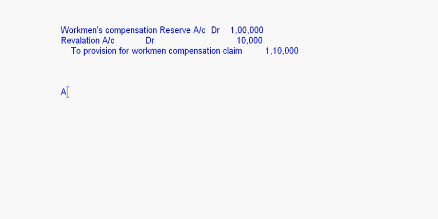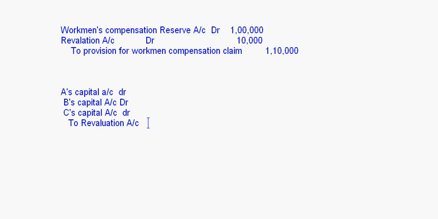So here I'll write A's capital account debit, B's capital account debit, C's capital account debit to revaluation account. So here it will be 10,000, and that 10,000 will be distributed in the ratio of 5:3:2.